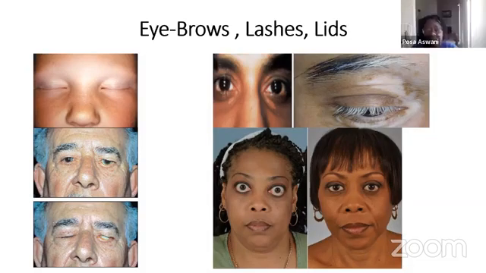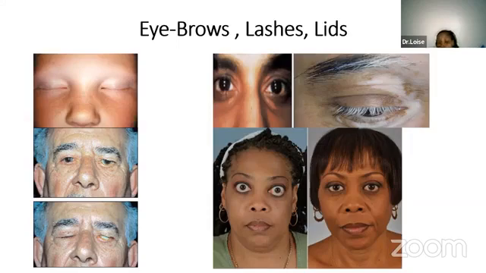Only that now they show up to us because they don't have eyebrows and eyelashes. And I can promise you there's nothing we can do to bring back those eyelashes, unless the dermatologists have something that they give to stop the autoimmune process, so that the eyelashes can start to grow.